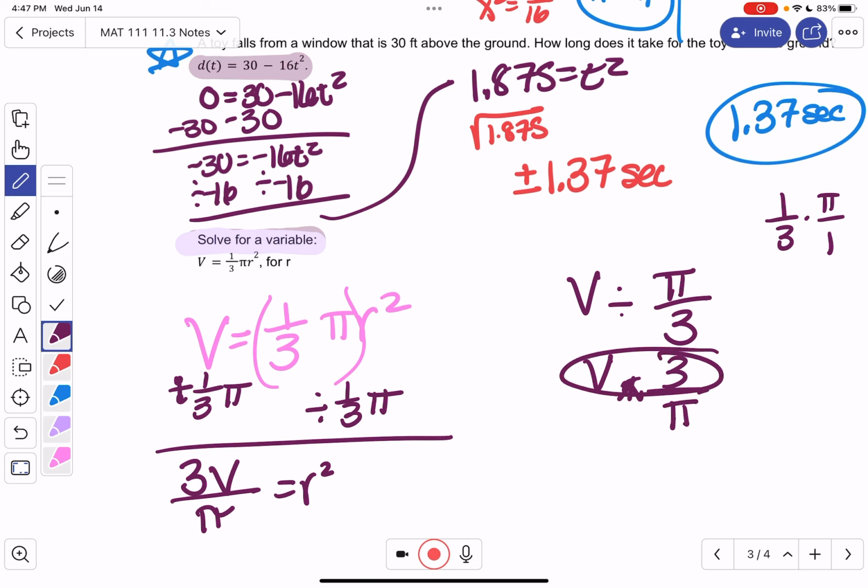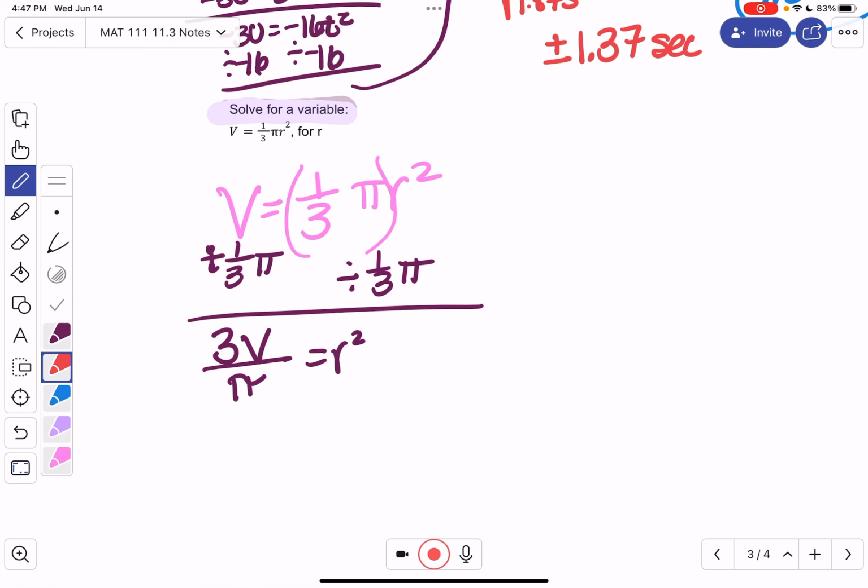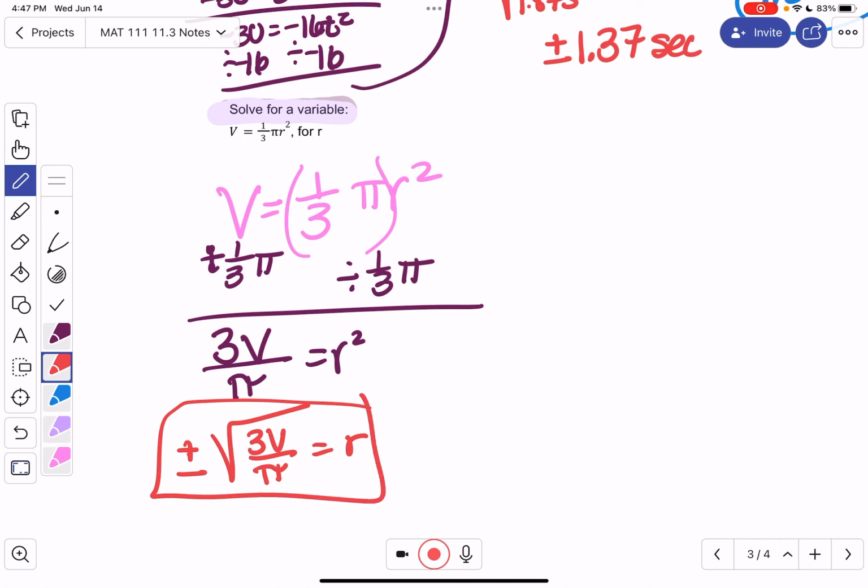So that's where the 3v over pi comes from. Now we have a squared, so we take the square root of both sides. Remembering we need a positive and a negative. At least until we know what we're talking about, we need the positive and the negative.